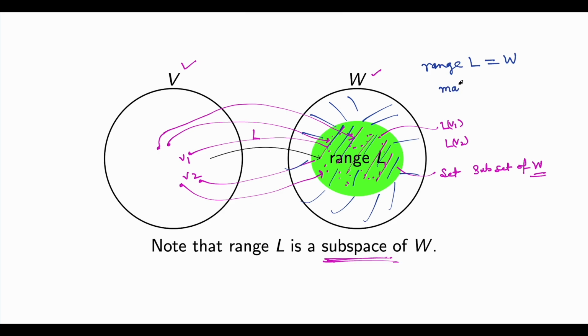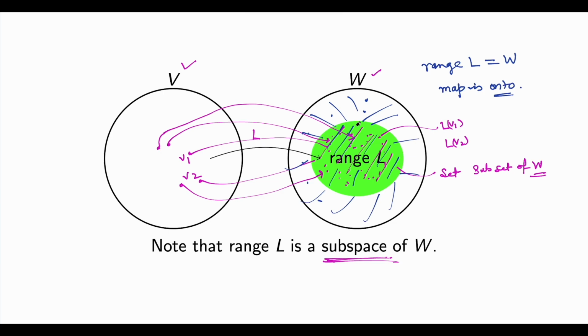Then the map is onto, right? It means that for every vector sitting in W, we can always find some element in V such that L of V is equal to that small w.